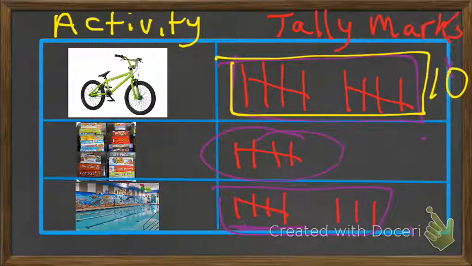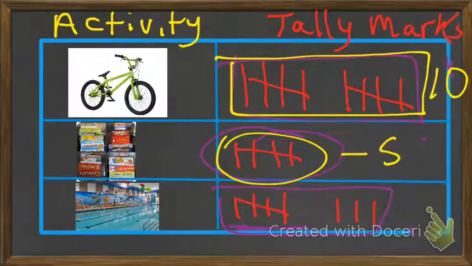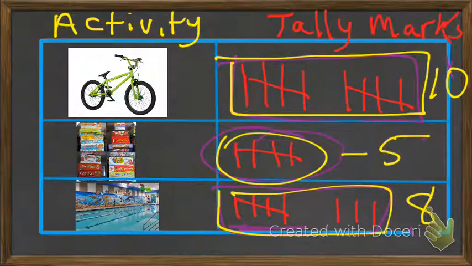And let's say 5 say they like board games. And we had this many, which would be 8, like to swim. Those are our results. And again, this is a way of putting it all together so you can see. You don't always have to have a picture next to each thing. You can just write the words bike riding or board games or swimming next to it. But that's how you would put it all together, right there, so you can see it.